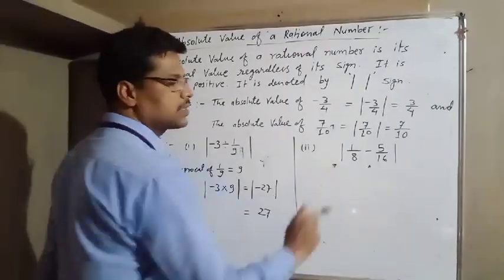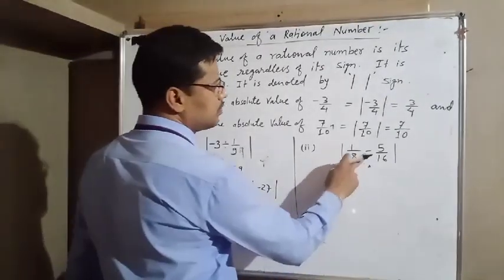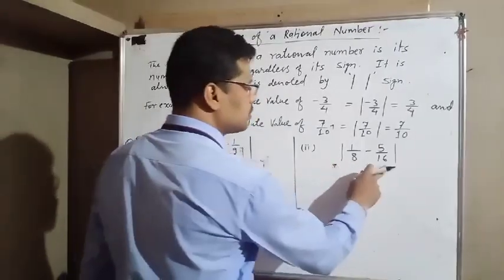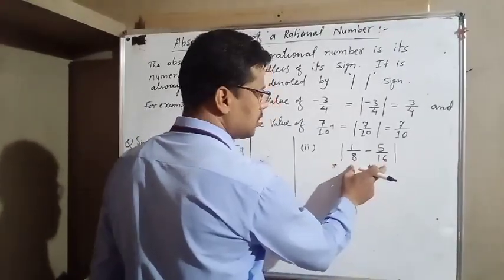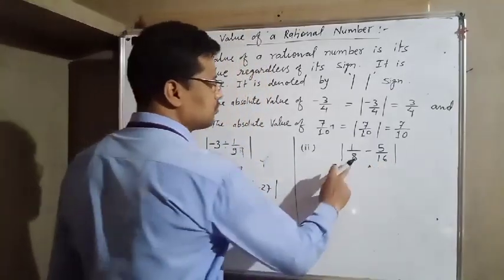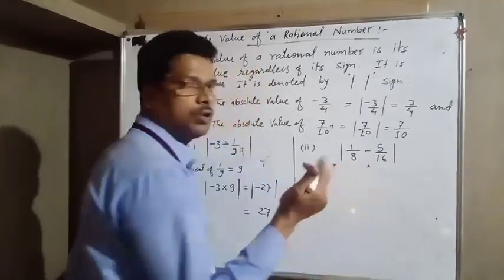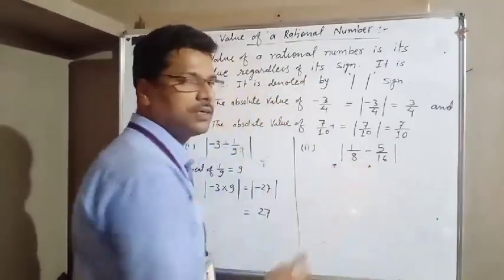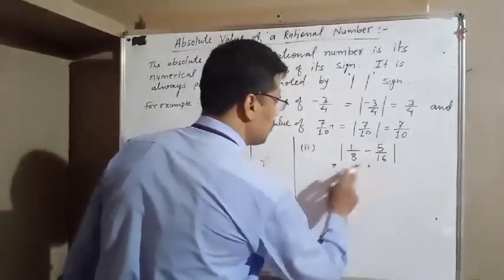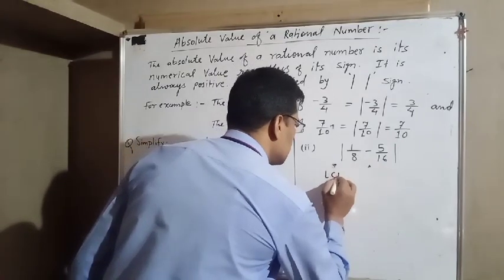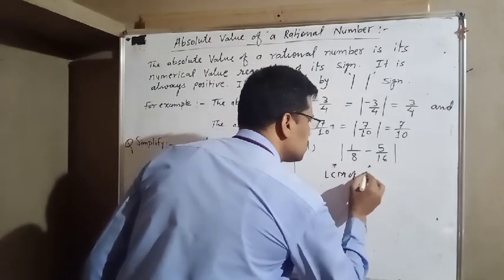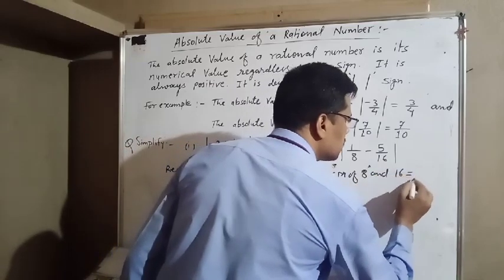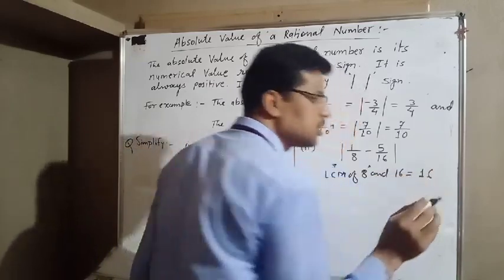Now let's see the second question. 1 upon 8 minus 5 upon 16. Here also we have to simplify. How will you solve this? Here we have to subtract. First we have to make the denominators the same, by finding the LCM of 8 and 16, which is 16.